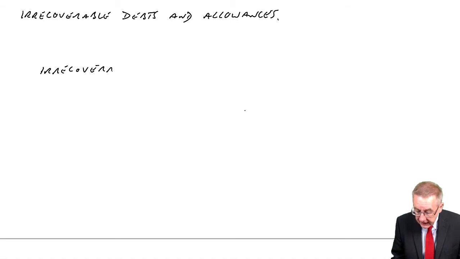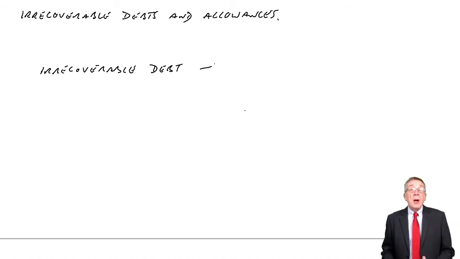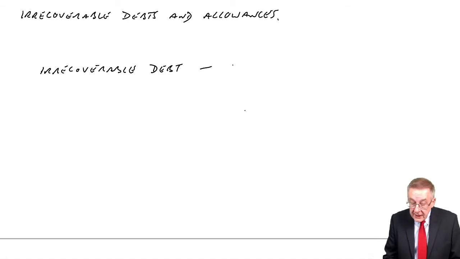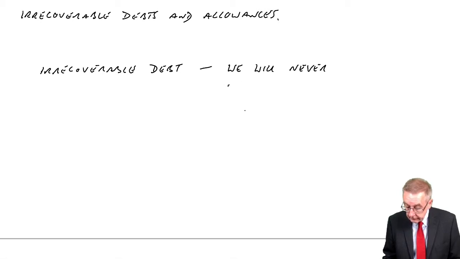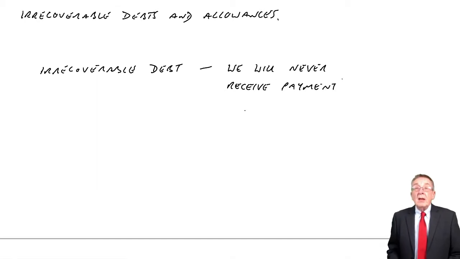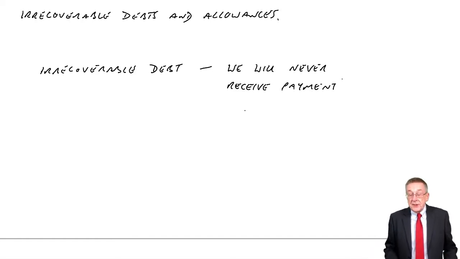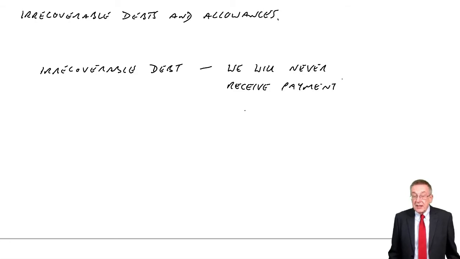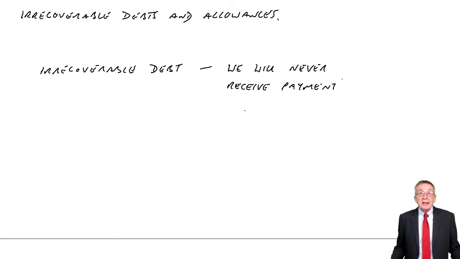So an irrecoverable debt is where, for whatever reason, we're never going to receive the money. We will never receive payment. As I said, it could be because the customer's died with no money. It could have been a business that was owing us money, and the business could have gone bankrupt.